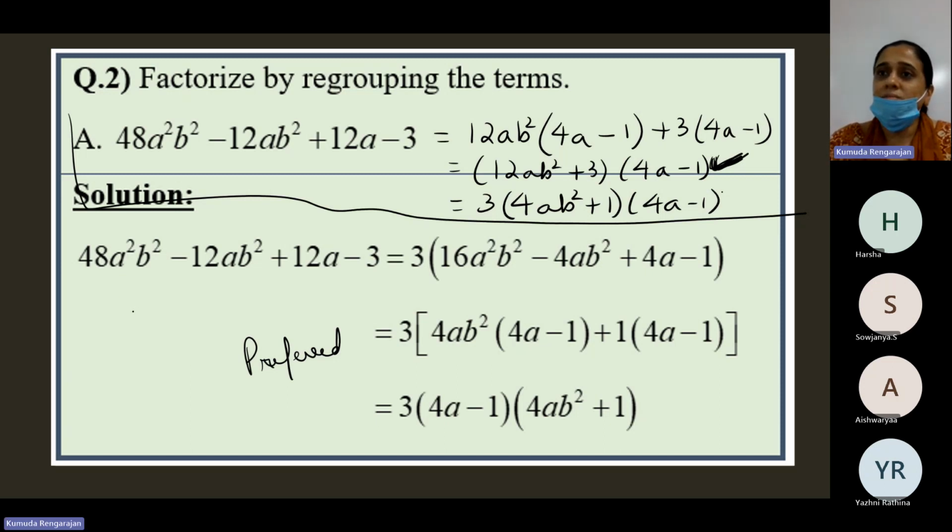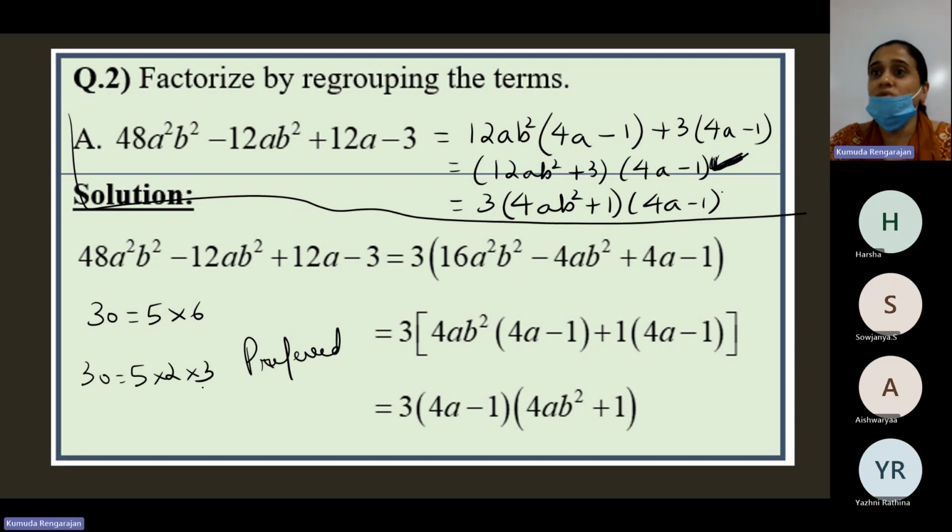Can I have your attention? It means this. Say we have 30. I write it as 5 into 6. It's not completely factorized. If I write 30 as 5 into 6, I haven't factorized it completely because 6 is further 2 into 3.